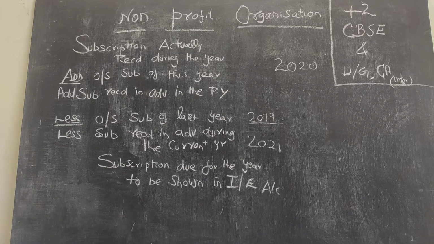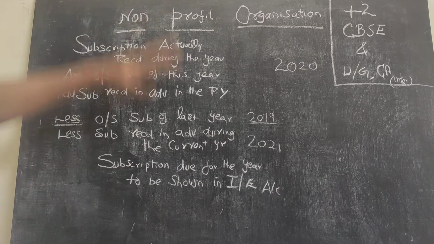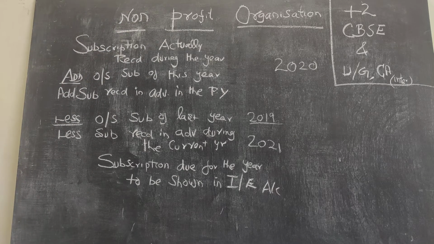The income and expenditure account is nothing but profit and loss account, so we have to show the subscription due for this year. So the format for this is this.